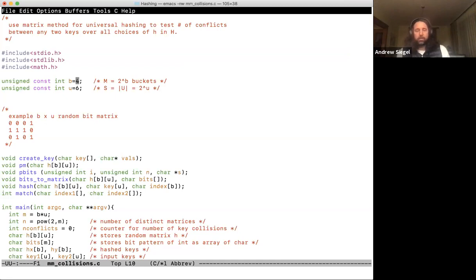For any pair of keys, once you pick a little h, the chance that that pair of keys conflicts is 1 out of 16.